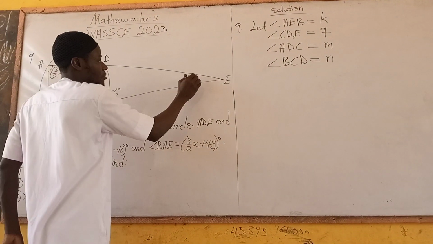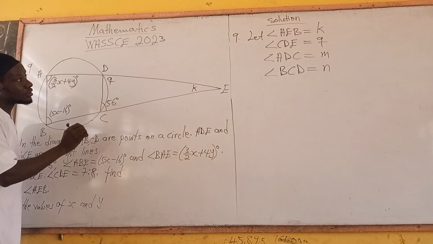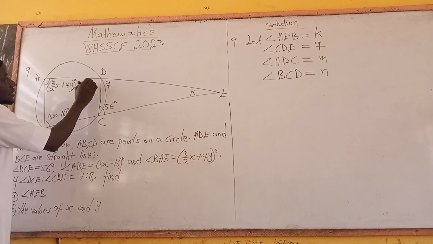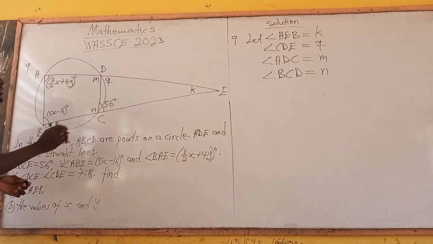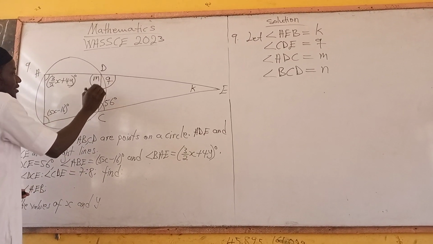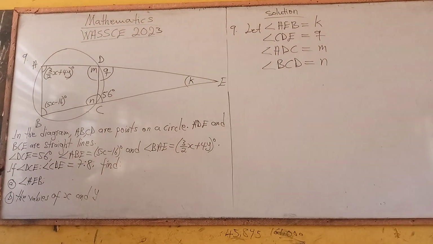So this angle is P, this is Q, ADC is M, and this is N.